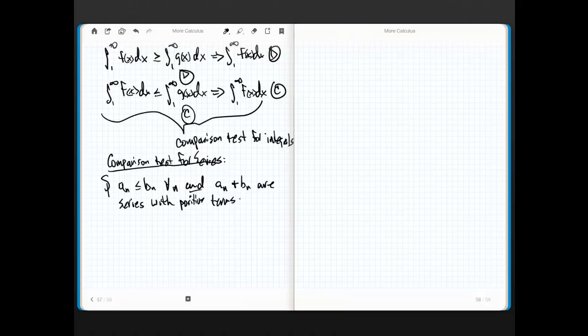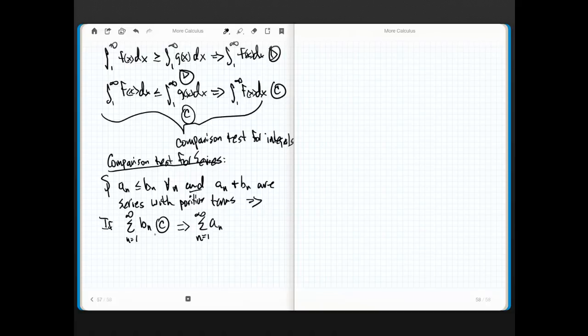All right, so here's what we got. We got a sub n, b sub n. They're positive. A sub n is less than or equal to b sub n for all values, okay? Then what can we imply? Well, if the sum as n goes from 1 to infinity of b sub n converges, then what does that imply about the sum as n goes from 1 to infinity of a sub n?